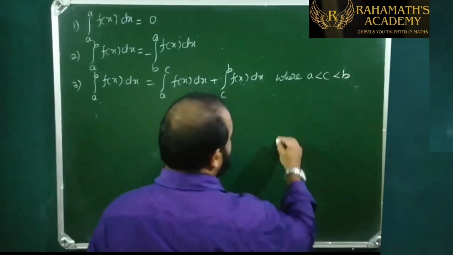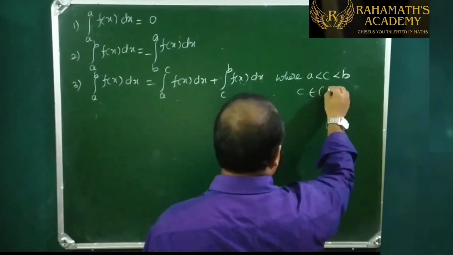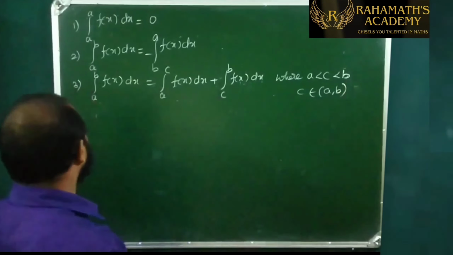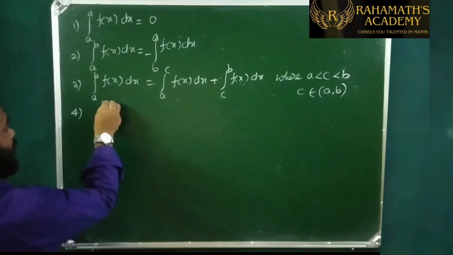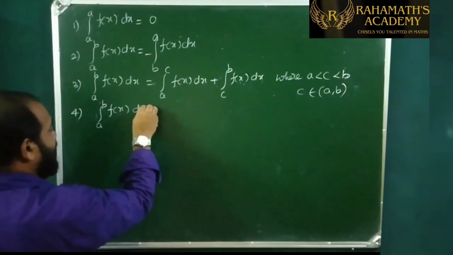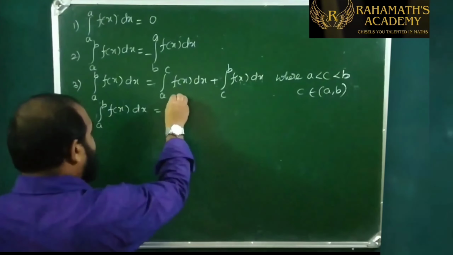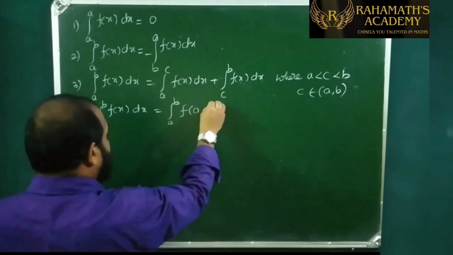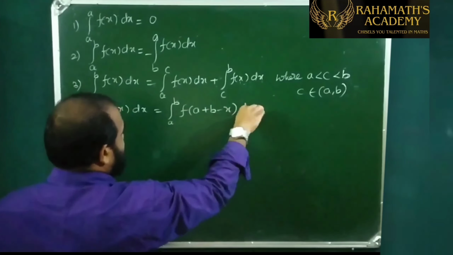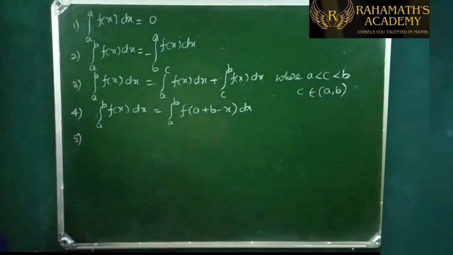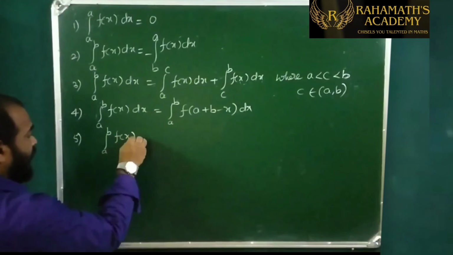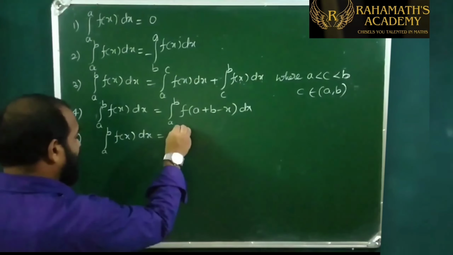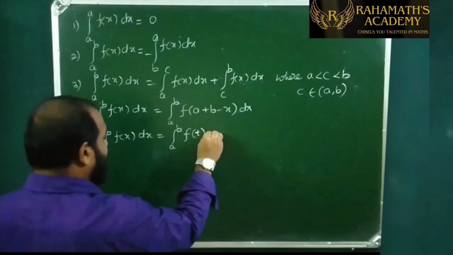So c is lying in between a and b. Next, integral a to b f of x dx is equals to integral a to b f of a plus b minus x dx. Next, integral a to b f of x dx is equals to integral a to b f of t dt.